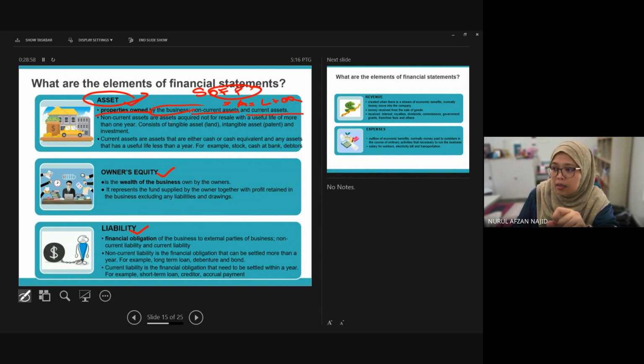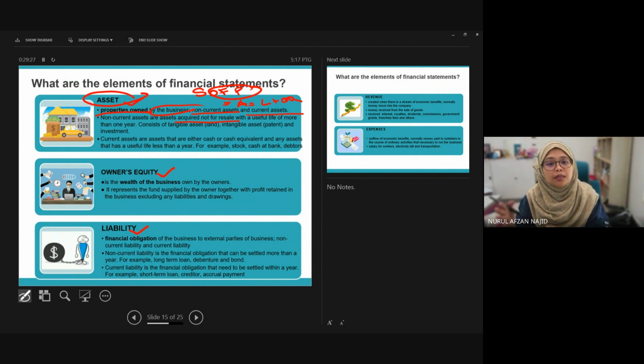Non-current asset are acquired not for resale. Okay, non-current asset contohnya, you ada business, you beli building dan building itu bukan untuk dijual semula, tetapi untuk you gunakan building tersebut untuk run you punya business.